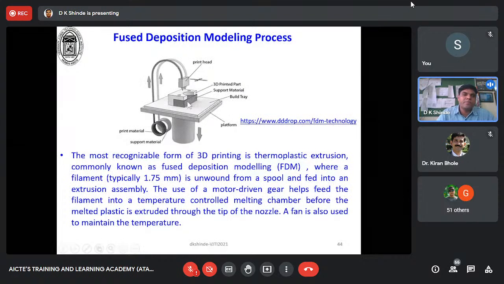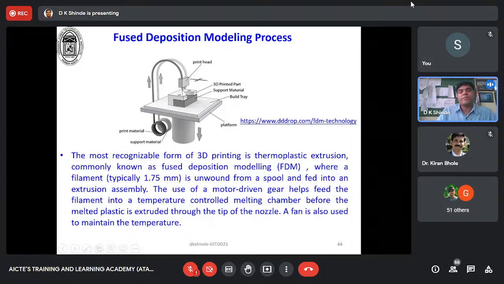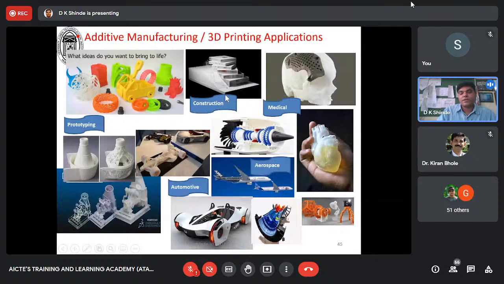This is a substrate, the build tray. You can have support material, or you can deposit directly on it. The spools are unwound and passed through the nozzles, and you have the 3D printer head in which the heating arrangement is made, with a 1.75 millimeter hole in the nozzle through which the melted material comes down. You keep depositing using the XYZ movement of your extruder, which is the best way to deposit.